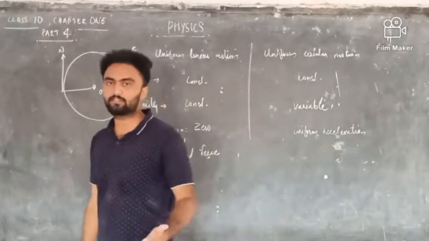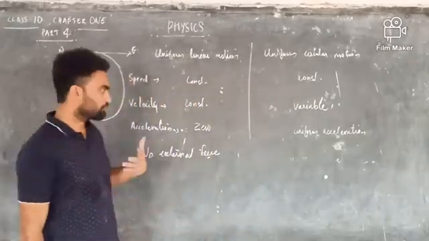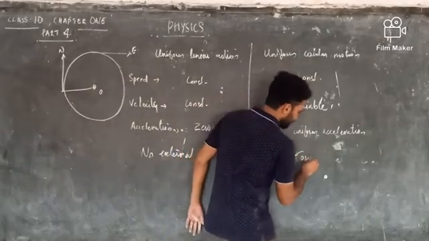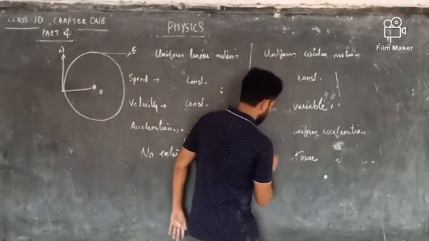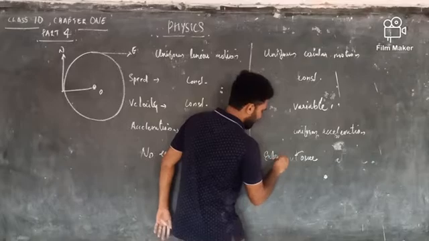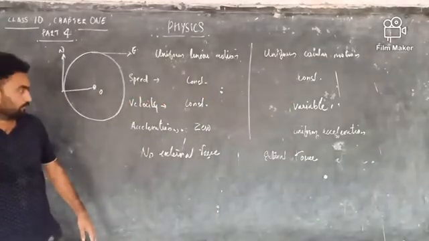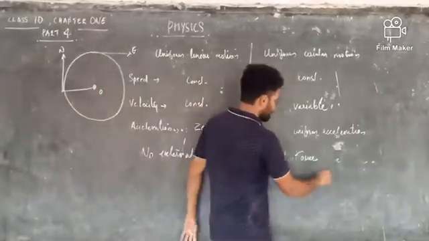So in order to change the direction, there is a requirement of force. A force is required for the change in its direction. So an external force is required for uniform circular motion.